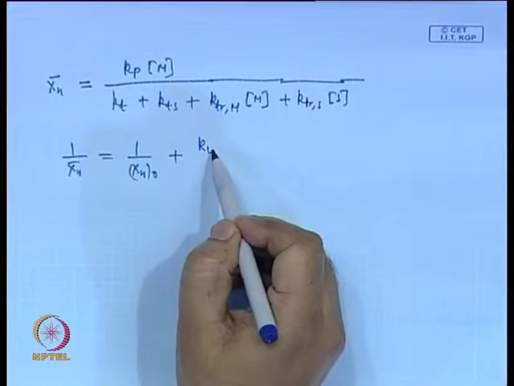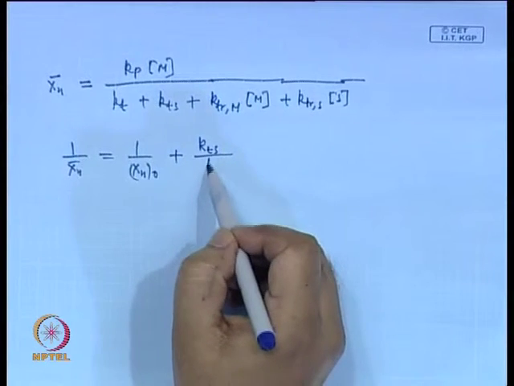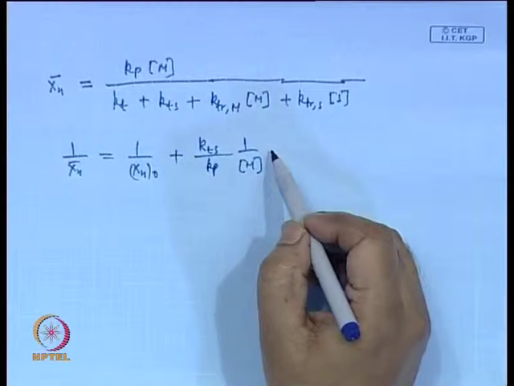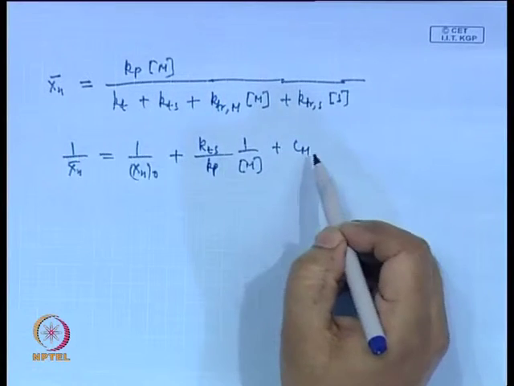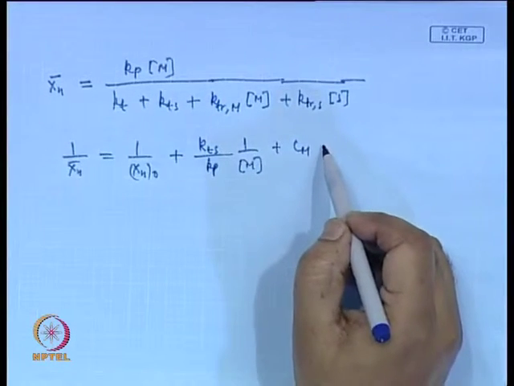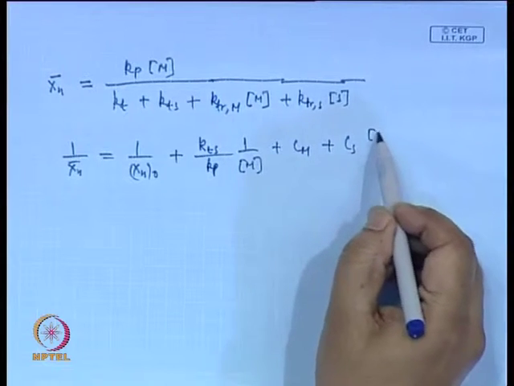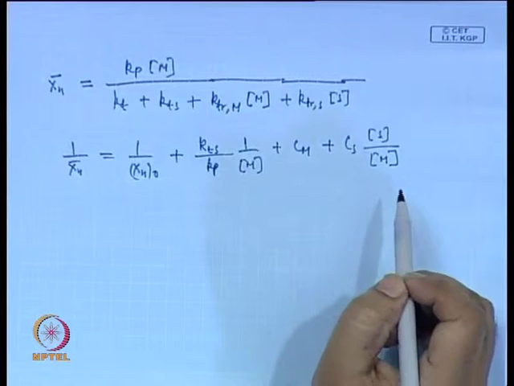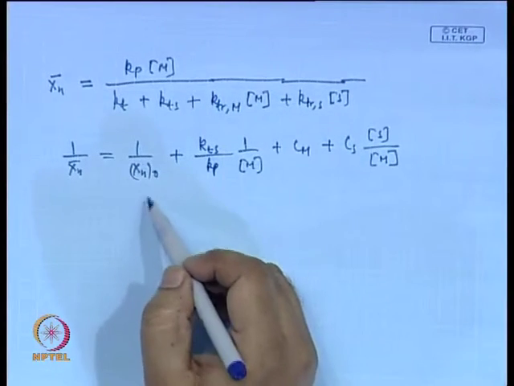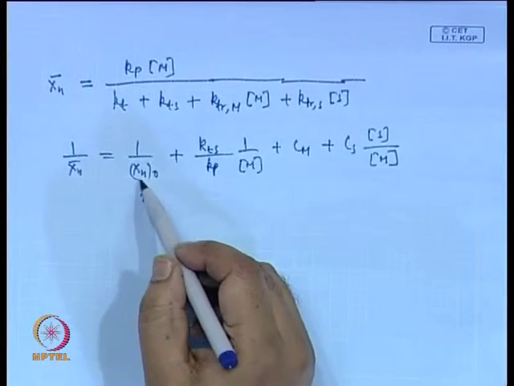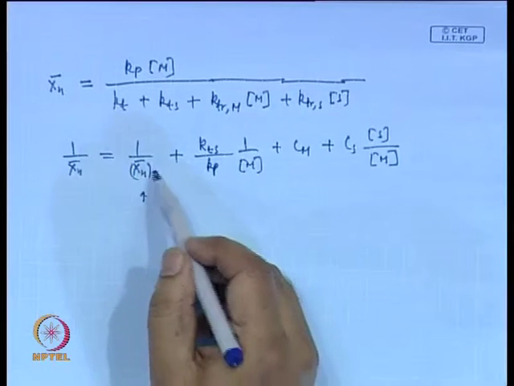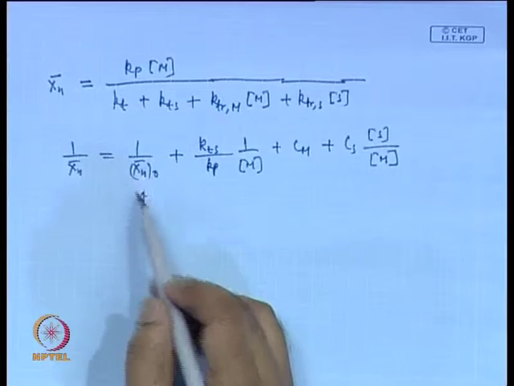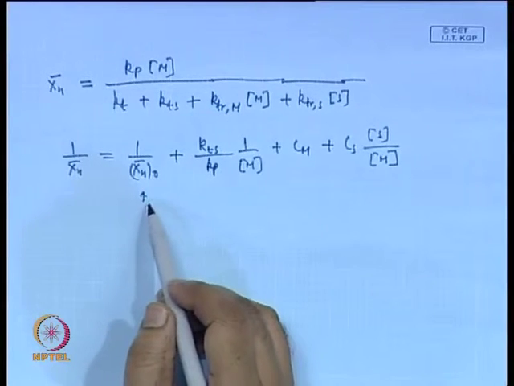chain polymerization, we can write this expression. This x n bar 0 is the number average degree of polymerization in absence of any chain transfer reaction.